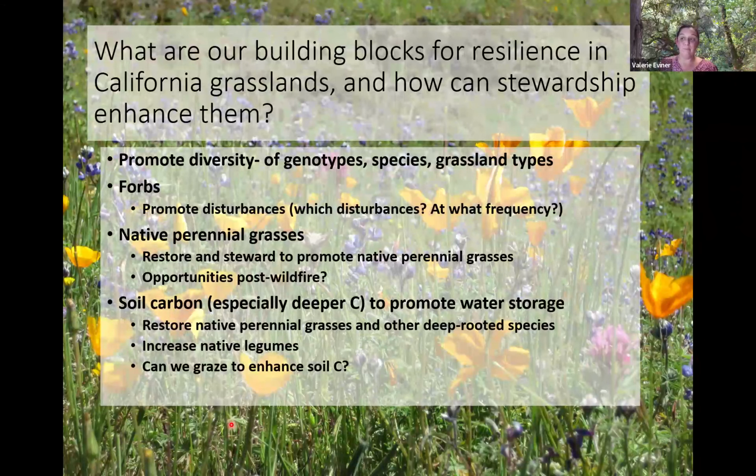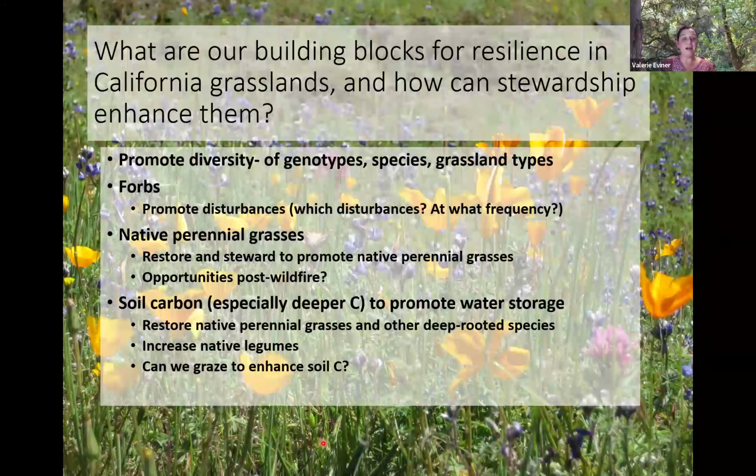And then again, the work that I'm doing is looking to see, can we graze to enhance soil carbon? And of course, there's a lot of phenomenal work happening by Marin Carbon Project and other folks on whether there are carbon additions we can put into our grasslands that are going to enhance their resilience?